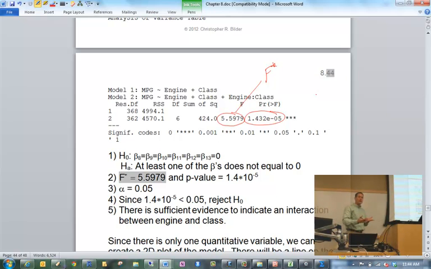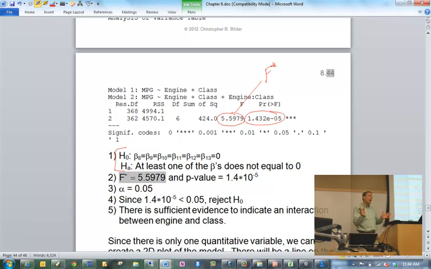More formally, we could write this in terms of our hypotheses. The 8th beta down to the 13th beta are all set equal to 0 under the null hypothesis. If they were 0, we wouldn't have the interaction in the model. The alternative hypothesis is that at least one of the betas does not equal 0, so there's at least some type of interaction going on.